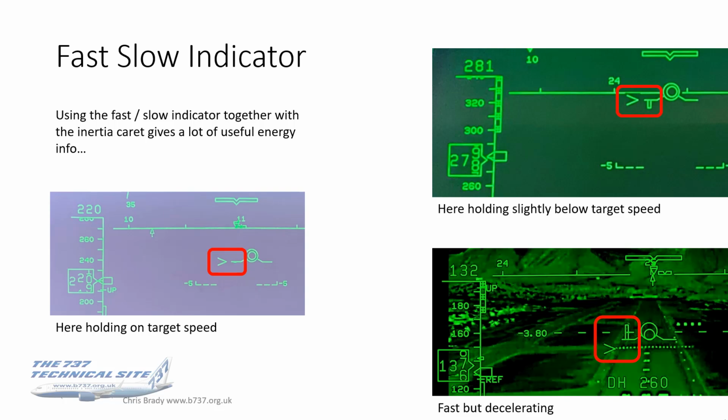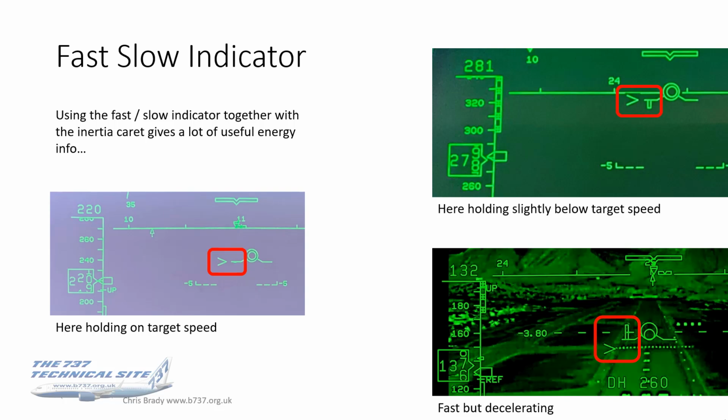So a couple more examples of this, but using the two together. Using the fast slow indicator together with the inertia carrot does give a lot of useful energy information. The left hand photo is the one that we've just been looking at, so you're holding on target speed there.